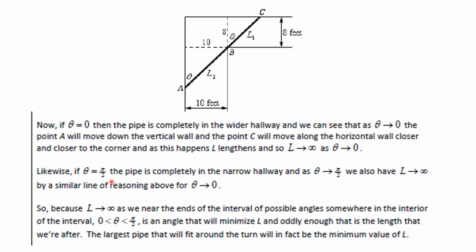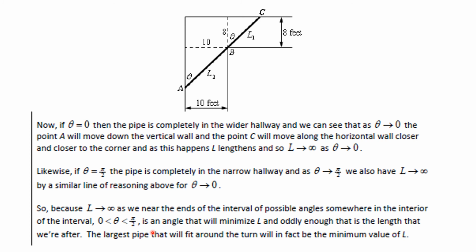Likewise, if theta equals pi over 2, the pipe is completely in the narrow hallway, and as theta tends to pi over 2, L tends to infinity by similar reasoning as for theta tending to 0. Because L tends to infinity as we near the ends of the interval of possible angles, the endpoints make no sense.